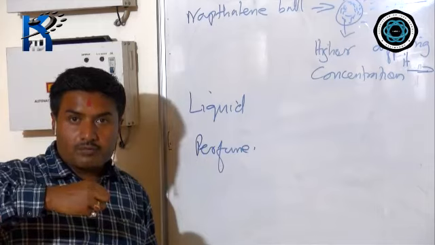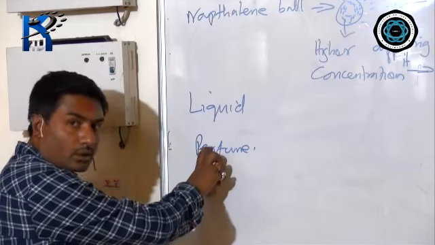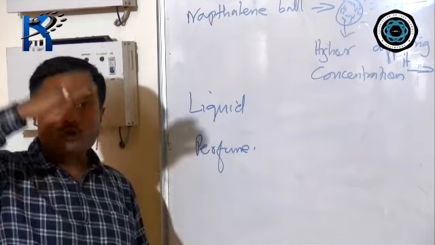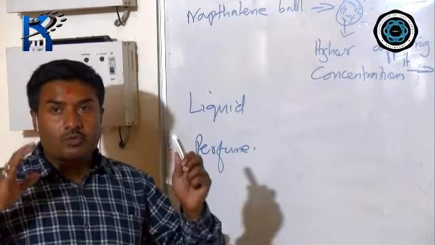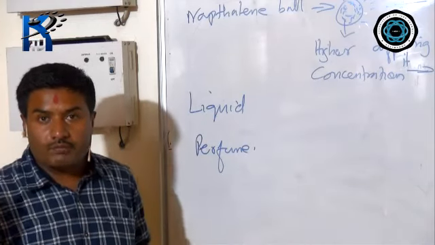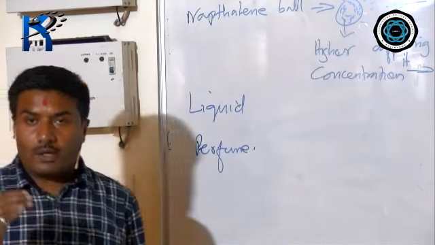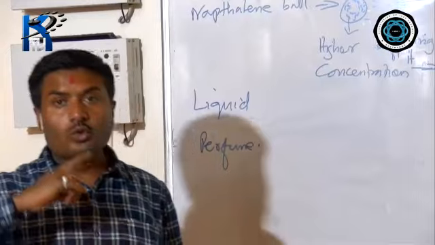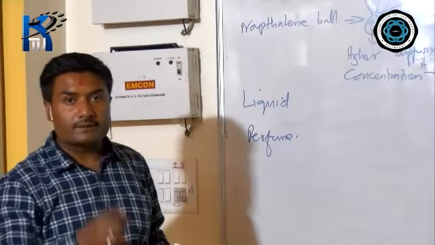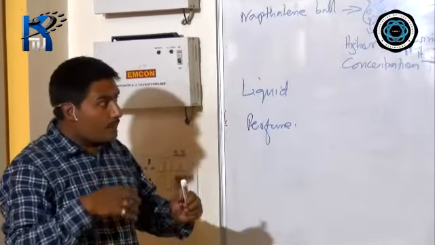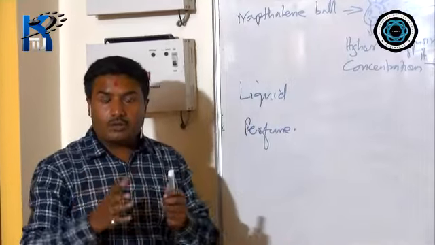The molecules are moving from a compressed bottle to the region of lower concentration. It keeps on moving until it becomes uniform in nature. This process of movement of molecules from a higher concentration to lower concentration, you call it as what? Diffusion.